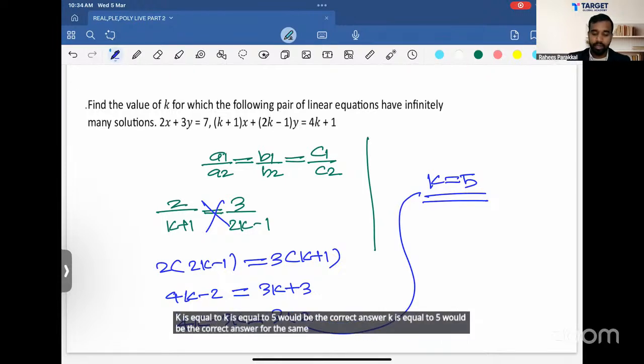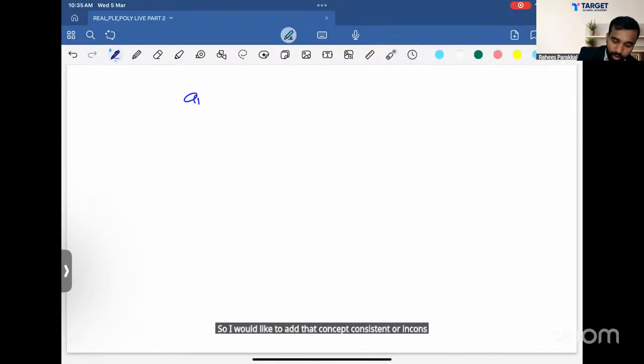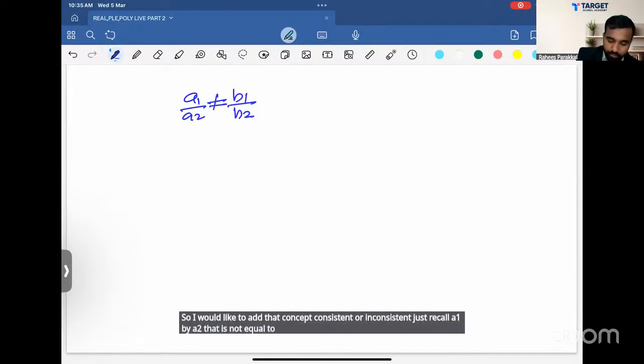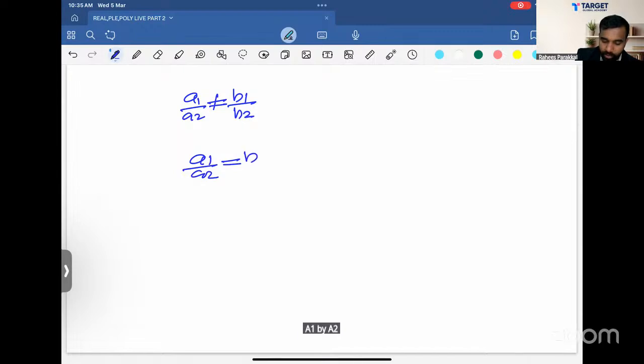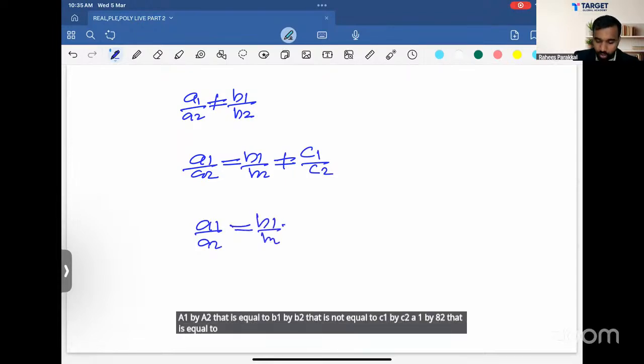So from this part you can expect questions to find the value of k, and consistent or inconsistent. So I would like to add that concept. Just recall a1 by a2 is not equal to b1 by b2. a1 by a2 is equal to b1 by b2 is not equal to c1 by c2. a1 by a2 is equal to b1 by b2 is equal to c1 by c2.